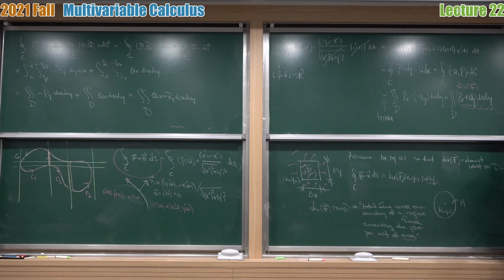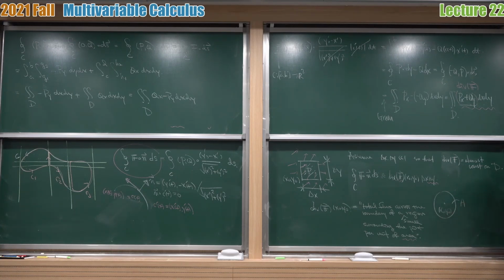So if you put a three-dimensional balloon over this point and try to measure how much of this particle is flowing out of the balloon, then a large balloon gives a larger total amount of flux, and a smaller balloon gives a smaller one.